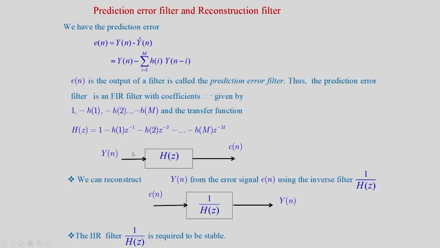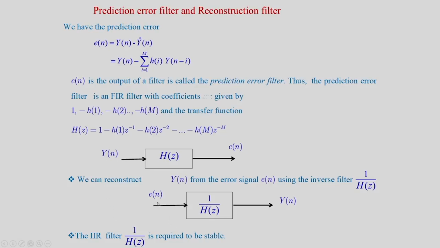So, that way y[n] is the input to a prediction error filter and prediction error e[n] is the output. We can reconstruct y[n] from the error signal e[n] by using the inverse filter 1 by H(z). So, if I put e[n] as the input, then this 1 by H(z) will be the filter transfer function and correspondingly I will get y[n] as the output.